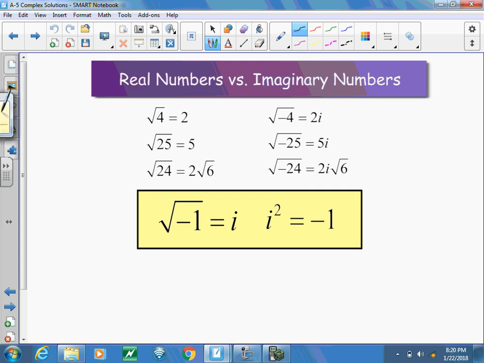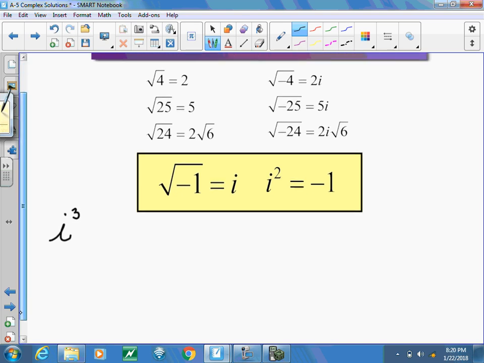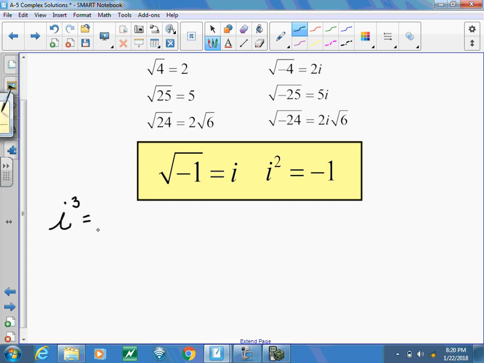Now we can go a little bit further with all of this. The fact that we know what i is and we know what i squared is, let's say, what is i to the third? Think about i to the third as i times i times i.